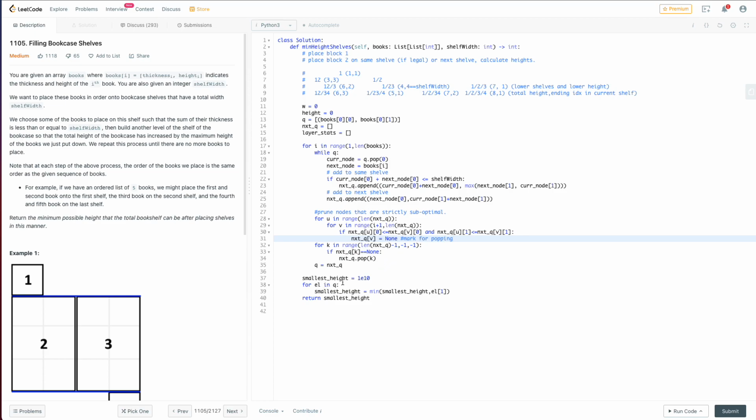And then here we're saying, okay, final thing, so just go ahead and look for the smallest height and return that. This is actually not super duper easy.